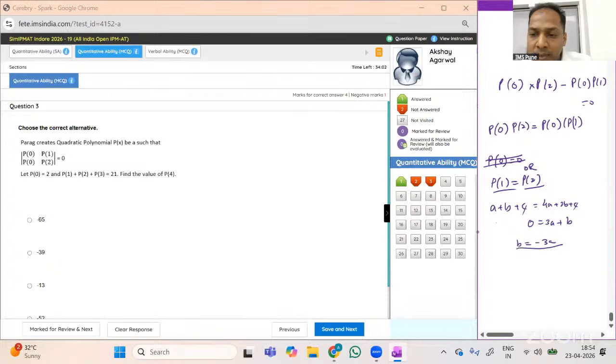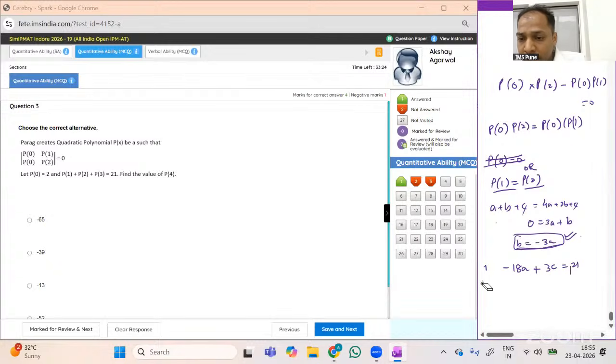Now if B is equal to minus 3A, we have A plus 4A plus 9A. So 4A plus 4A, 5A, 5A plus 9A, 14A plus 1 plus 2 plus 3, 6B. 6B is as good as minus 18A. So minus 4A minus 18A plus 3C is equal to 21.